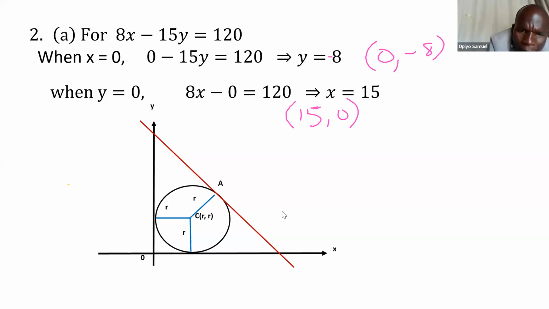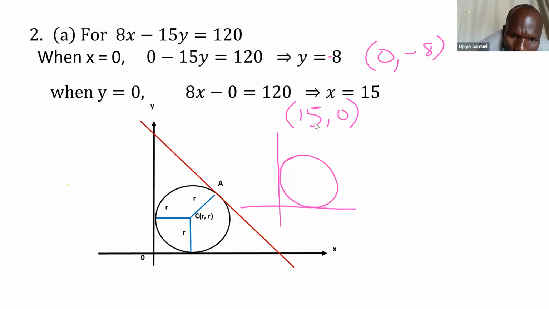Remember this circle touches the axis and its center is in the first quadrant. So we shall have the circle. It should look like this. Okay, that one is okay.